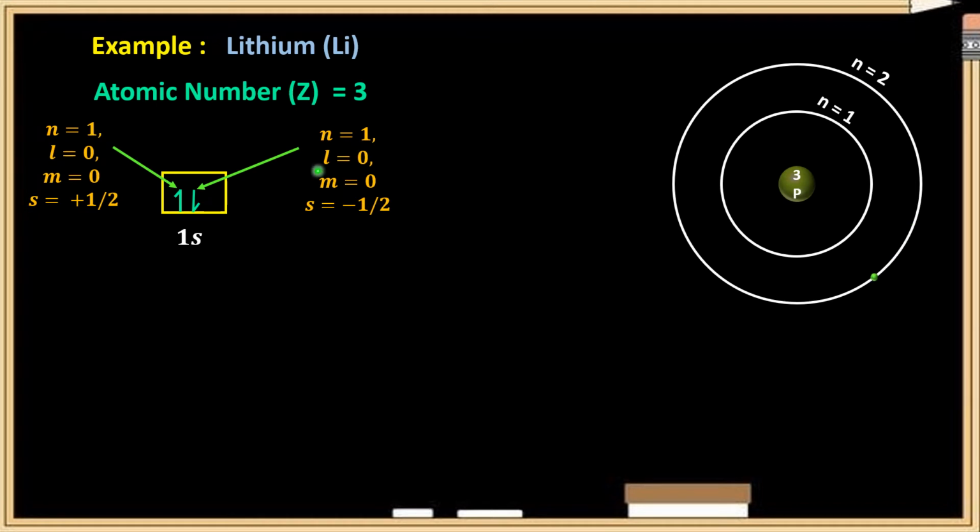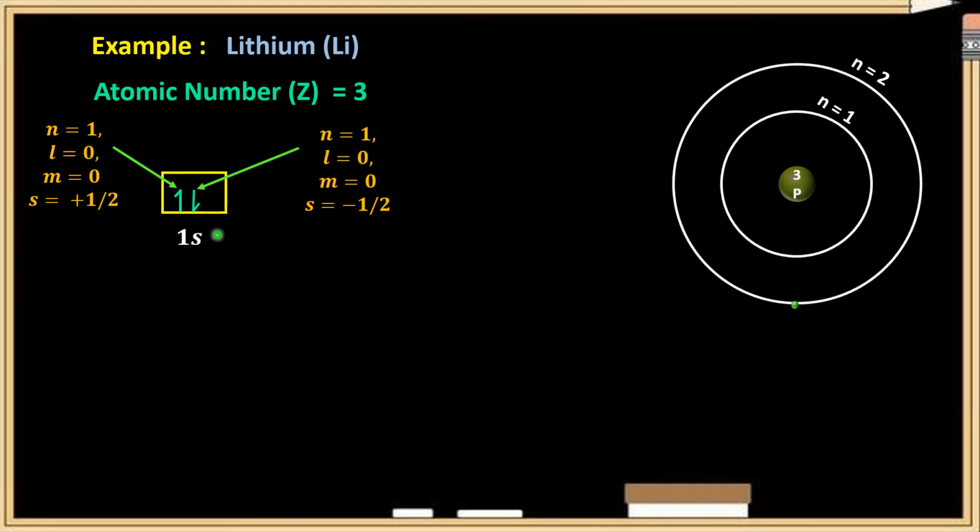See here, this is the n value and it is there in s orbital, so the L value of s orbital is 0, and m values are from minus L to plus L, that is minus 0 to plus 0, so m value is also 0, isn't it? So here this half arrow is pointing downwards. It means that the spin value of that electron is minus 1 by 2.